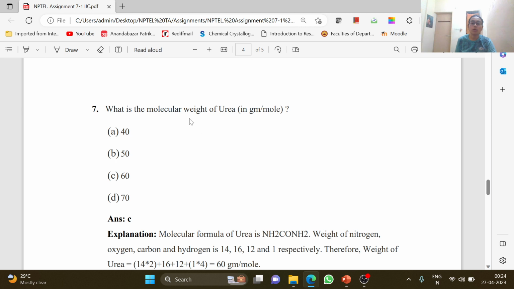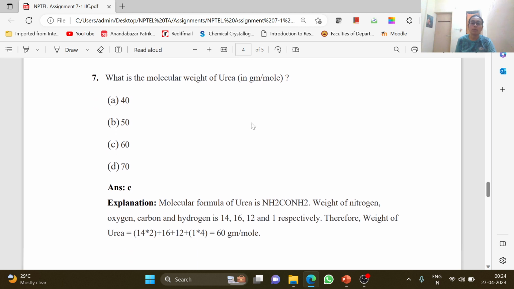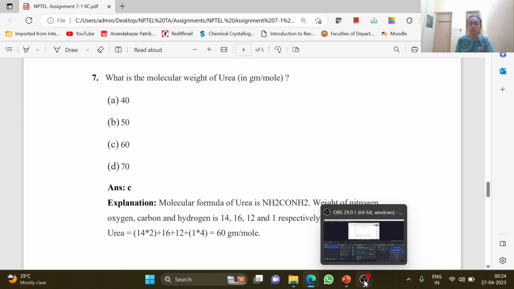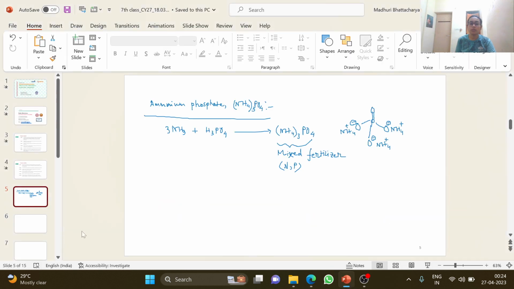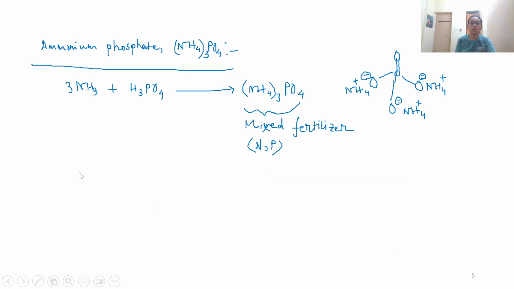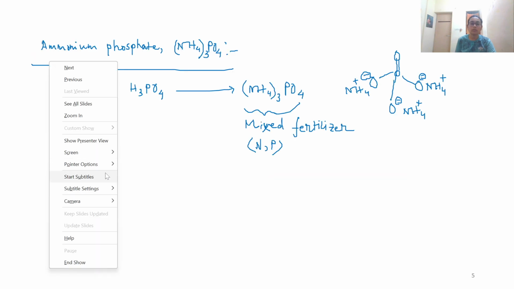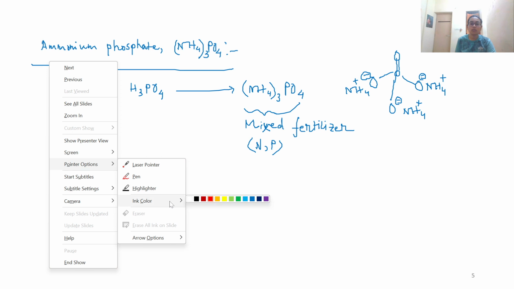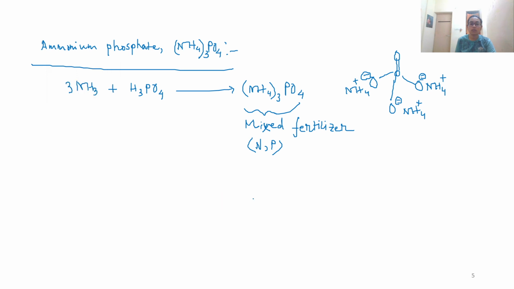Then what is the molecular weight of urea in gram per mole? So urea, as we all know, what is the structure? To calculate the molecular weight, we need to know the molecular formula, right? Molecular formula of urea.